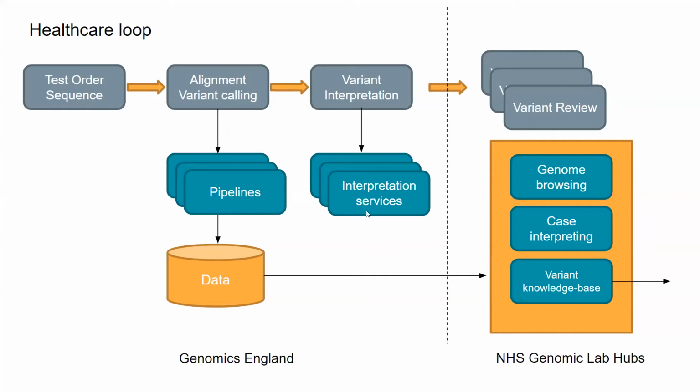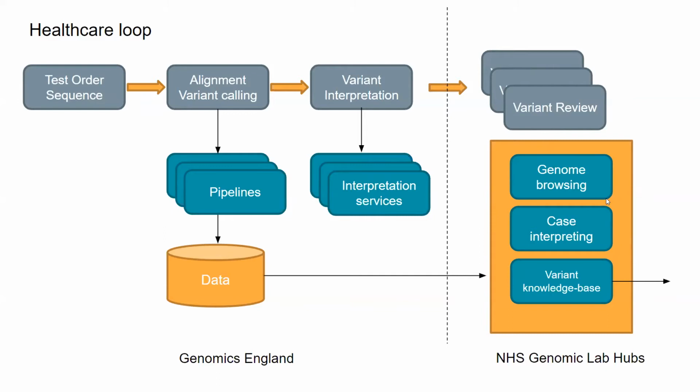For example, this pharmacogenetic analysis that Mark was just speaking about is one of those additional findings, but there are also ways of prioritizing and classifying variants in rare diseases and cancer. And finally, we make that data available for the labs on the right-hand side. We call them genomic laboratory hubs in the new genomic medicine services in England. Those labs have access to those data, and they do various things.